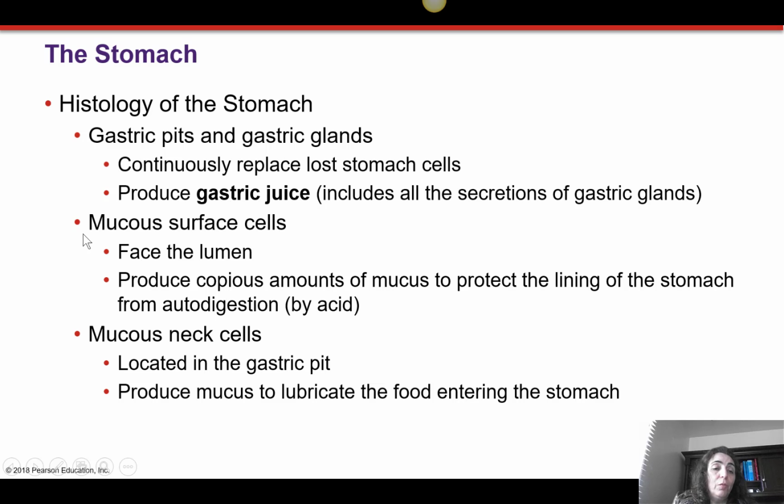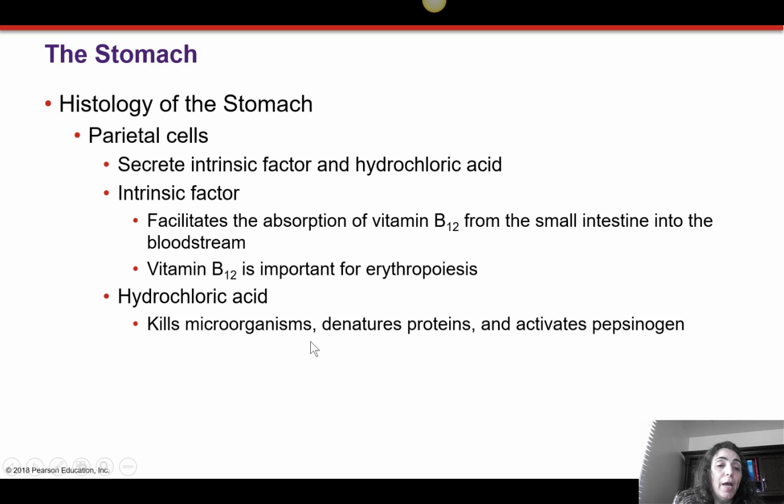So we have mucous surface cells, facing the lumen, that produce a copious amount of mucus to protect the lining of the stomach from autodigestion by the acid of the stomach. We have mucous neck cells, located in the neck of the gastric pit, that produce mucus to lubricate the food entering the stomach.